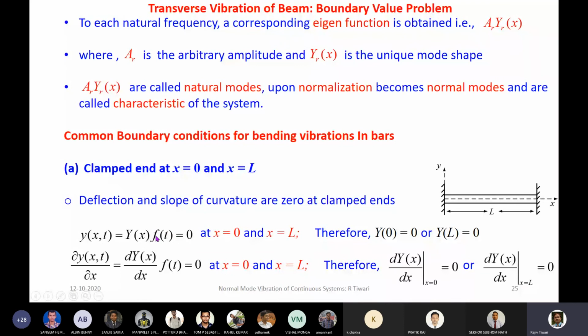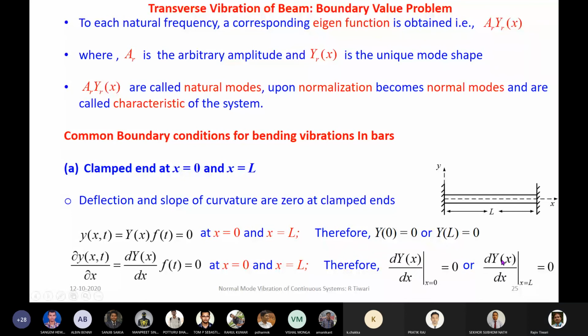Now, because time-dependent terms will be coming, they will not be 0. So only the capital Y terms will be 0. So all other places where small y was there, capital Y will come. Like in the fixed case, capital Y at the 0 position will be 0.